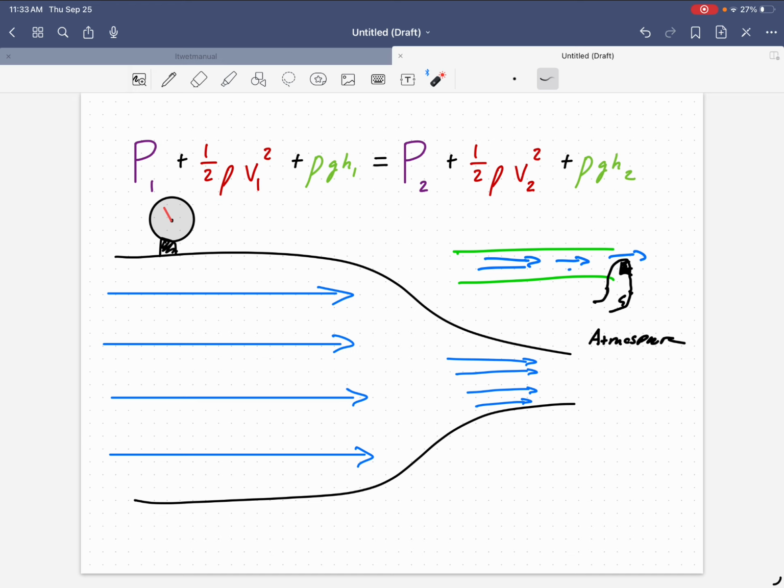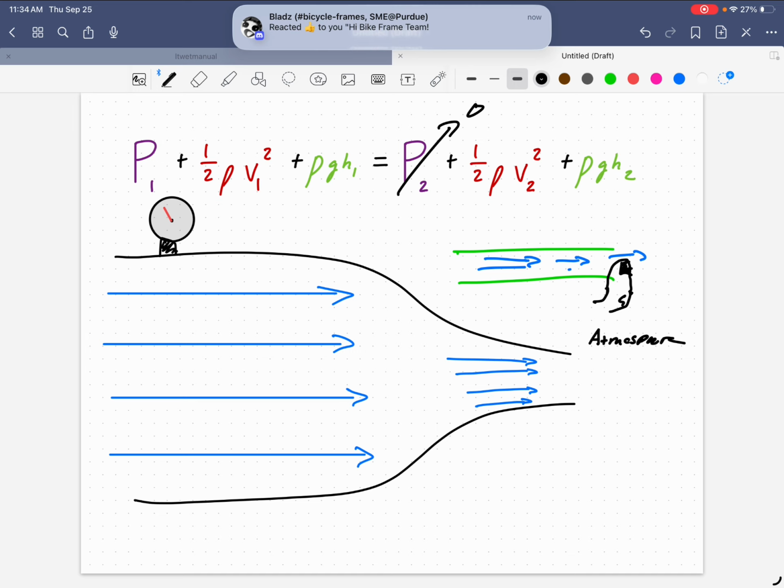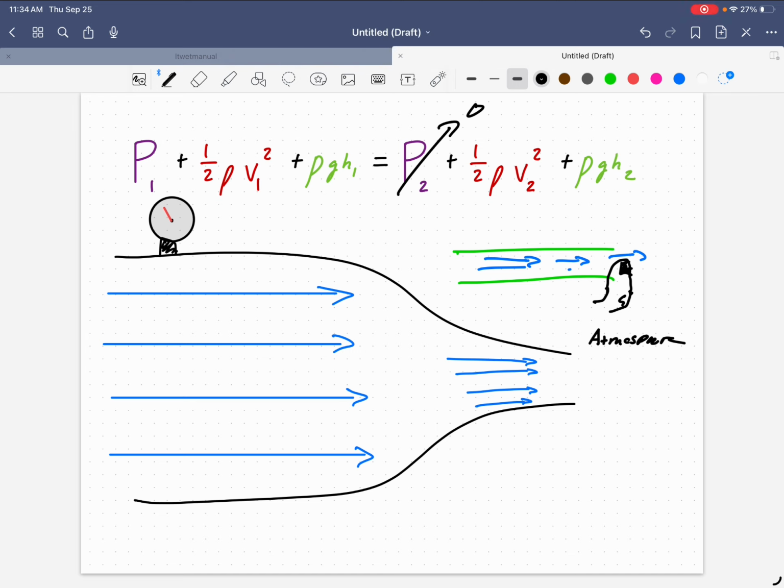Because of that, obviously there's a pressure here, but in this section here, this goes to 0. Now we can also look at our other terms here, and I don't think there's going to be a big potential energy difference between our sections.